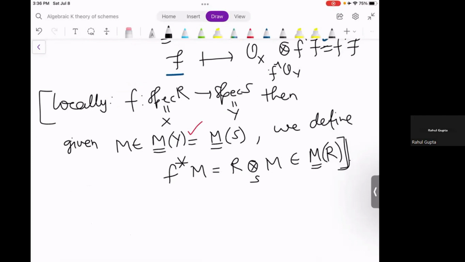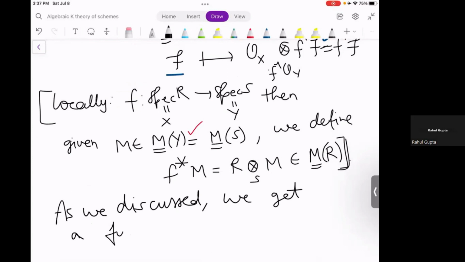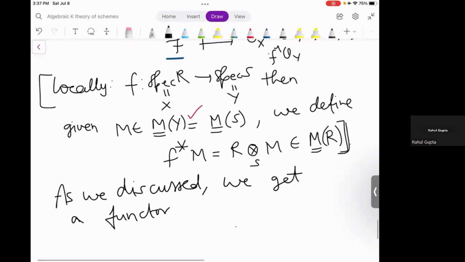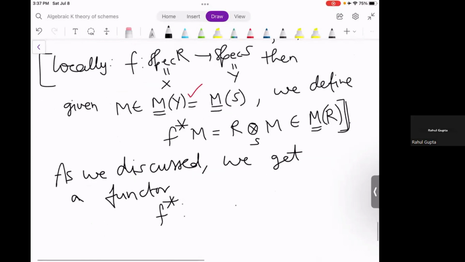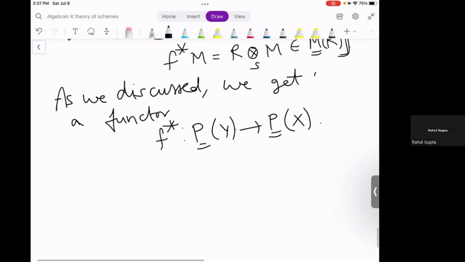as we discussed, I'm not going to write everything we discussed, we get a functor from P_Y to P_X. Then let me leave this as an exercise, that this functor is exact.